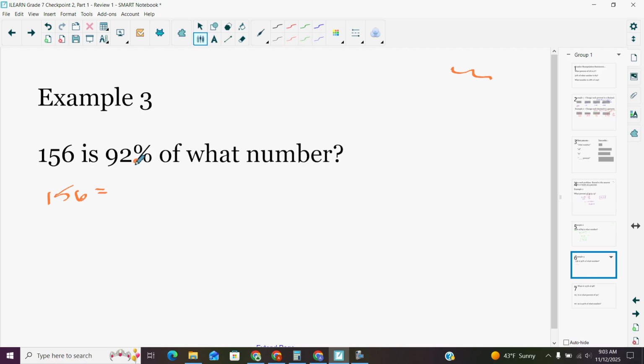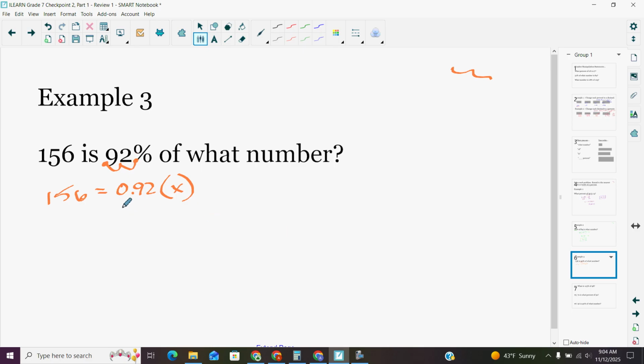To go from percent to decimal, I move the decimal point to the left. 0.92 of means times what number? We put in x. 156 equals 0.92 times x.